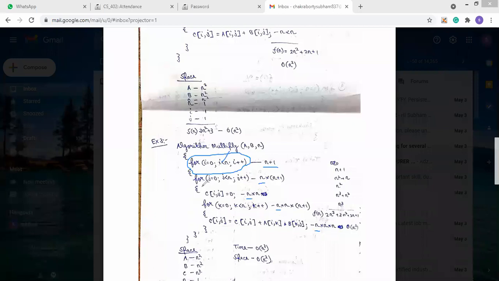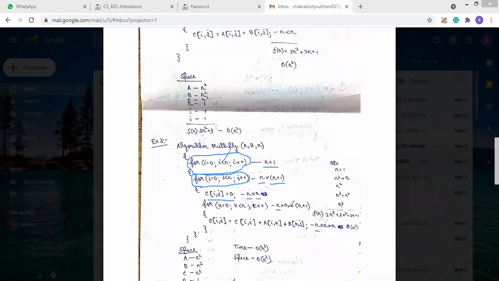Next, we will consider this loop, and this loop will be executed n plus 1 times. And the number of statements present inside the loop will be executed n number of times. So this statement is inside this loop, so it will be executed n times.